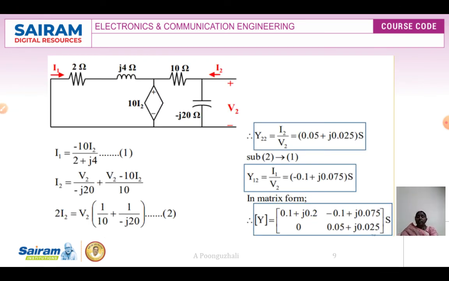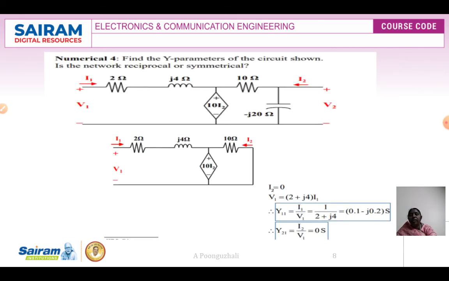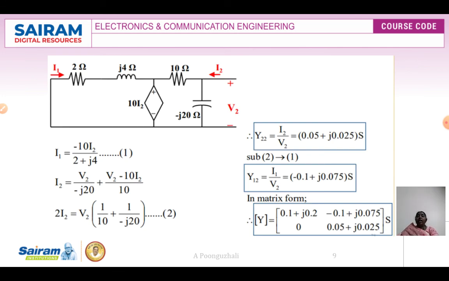So coming to the other side, in this case, you are going to make your I1 to be 0. So when I1 is 0, you are going to have your current there. So how I am going to find out is your network. If I am going to apply a KVL here, I am going to have I1 equal to minus 10 I2 divided by 2 plus j4.